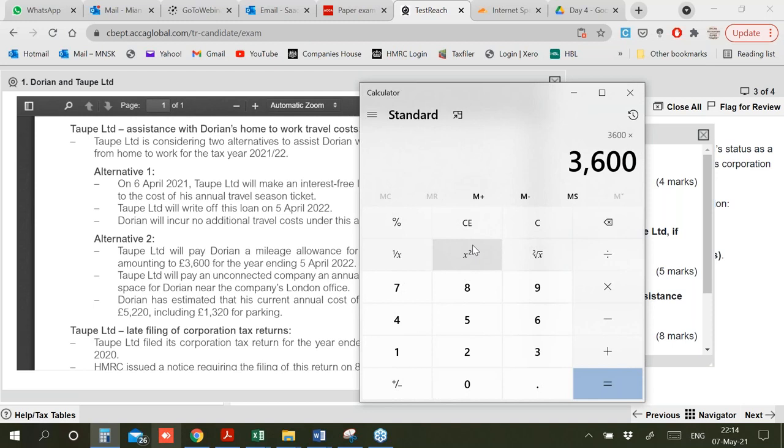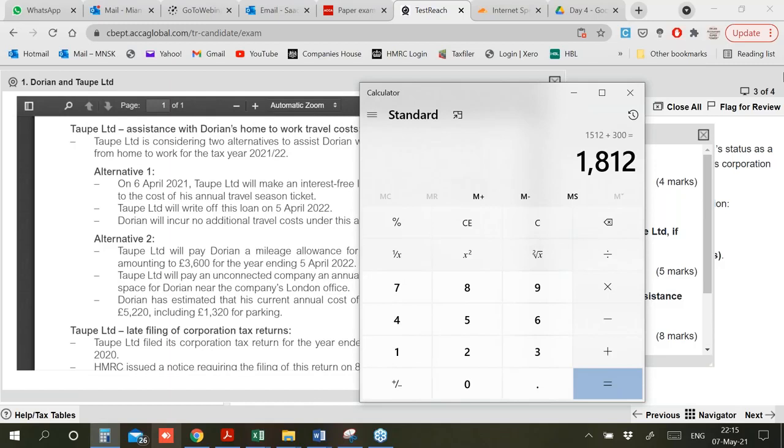Here the cash benefit is being given, that's why it will be subject to NI as well. If you had calculated 40%, you would have lost 1 mark but scored the remaining marks. So let's calculate 42%. 3600 times 42% is 1512. 1512 will be the tax. On top of that, he has to bear 300 from his pocket. That is 1812.